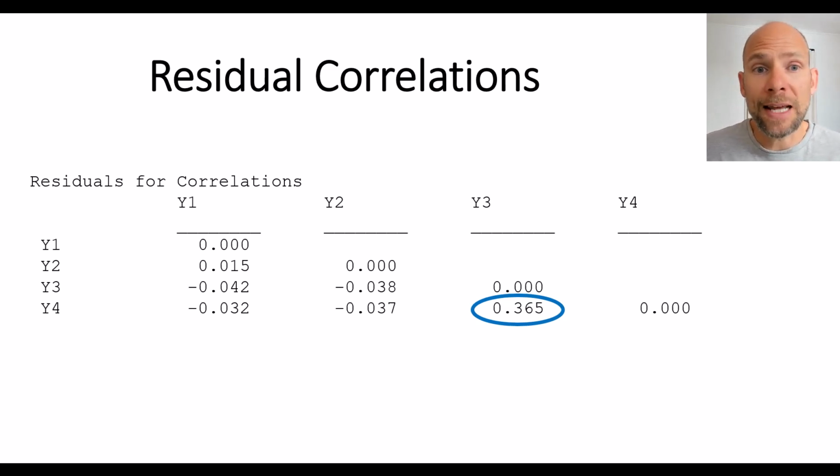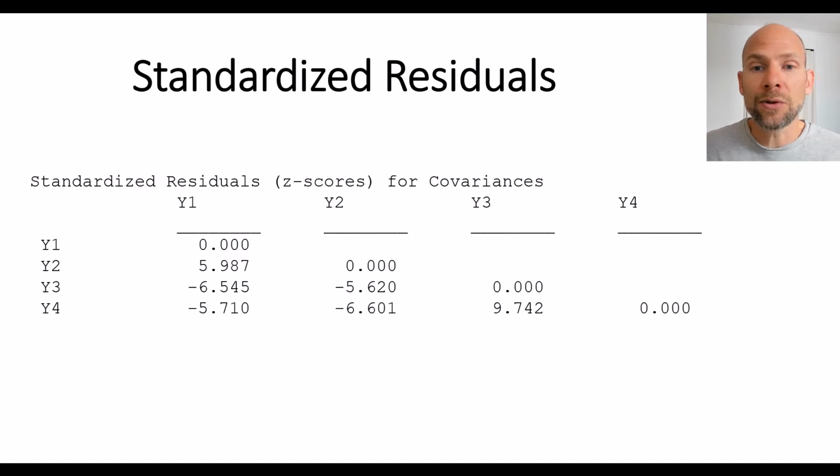Another way to standardize residuals for model misfit assessment is to use z-scores, which Mplus also does. It also gives you a standardized residual matrix in terms of z-scores. And here you can see that again, this one sticks out between Y3 and Y4. This is a particularly large z-score.